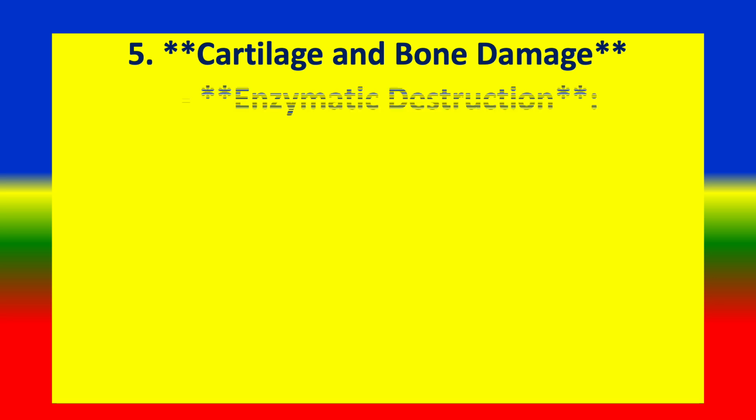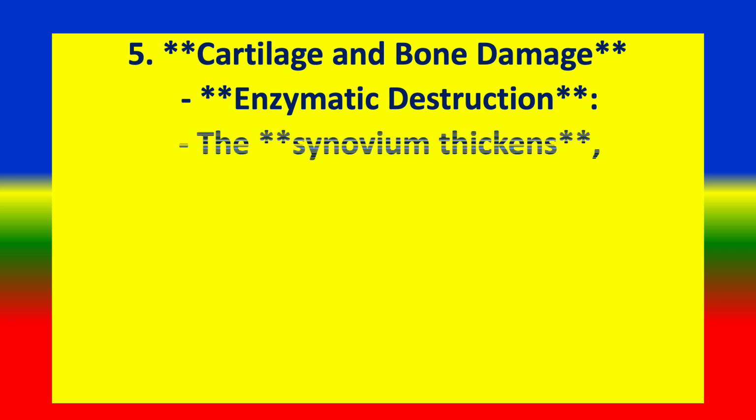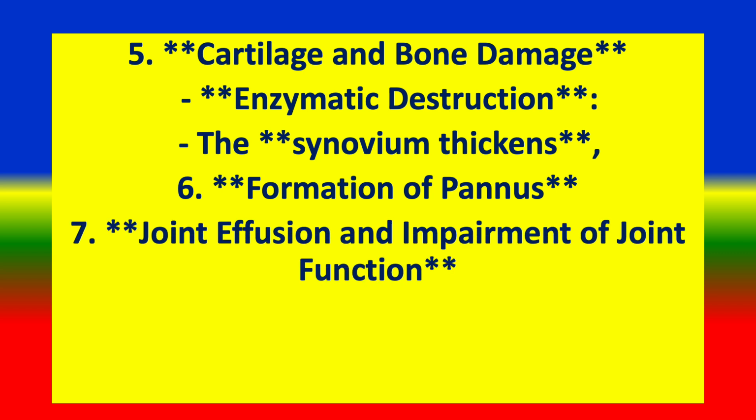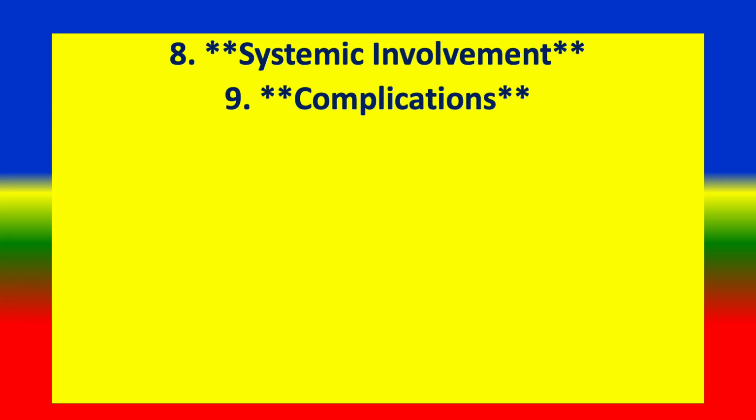Cartilage and bone damage: enzymatic destruction. The synovium thickens. 6. Formation of pannus. 7. Joint effusion and impairment of joint function. 8.